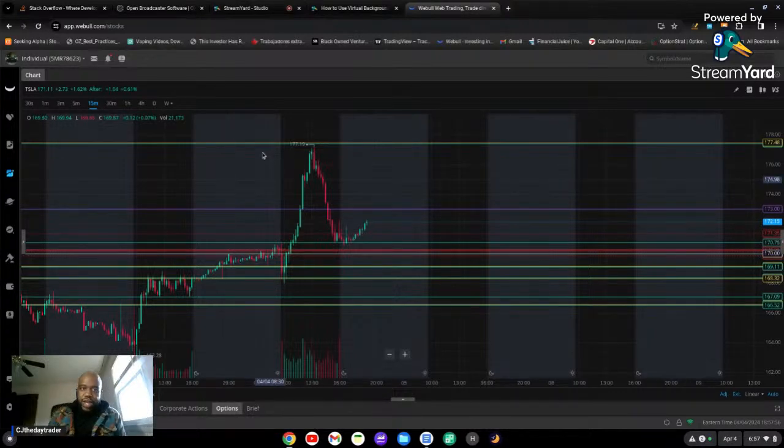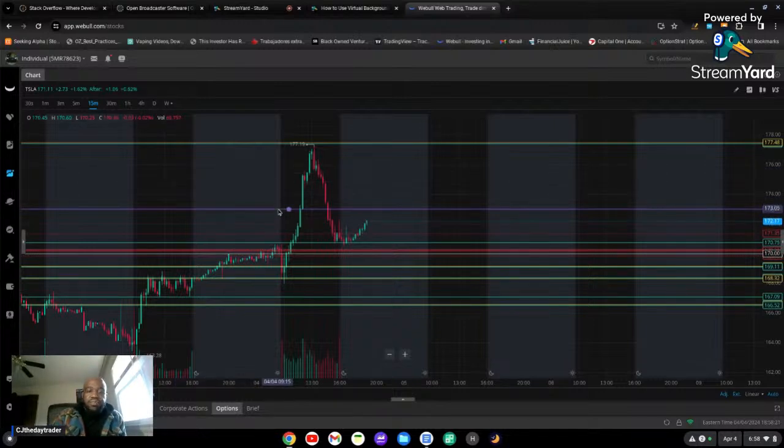A yellow line represents the pre-market level. So that's anytime after 4 o'clock when the market's open up until 9:29, just before they open up at 9:30. So anything after hours is going to be marked with a yellow line.